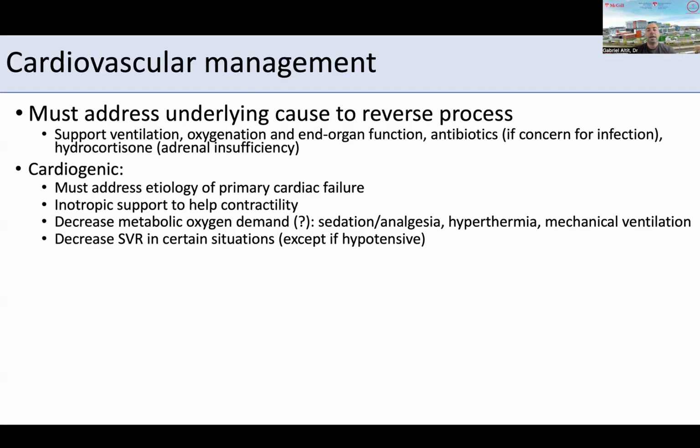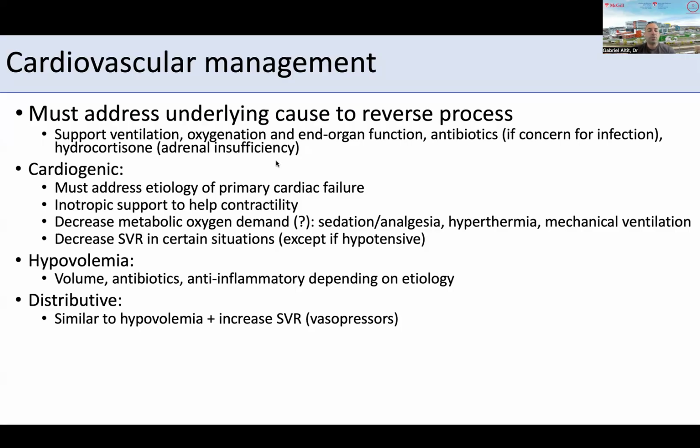We often need to add some degree of inotropic support to help contractility. Sometimes you need to decrease metabolic demand, such as avoiding hyperthermia, making sure the baby is supported from a respiratory standpoint, and even sometimes we need to keep the baby calm so that the metabolic demand doesn't increase. And very rarely, we do need to potentially consider decreasing afterload in certain situations or even keeping the duct open.